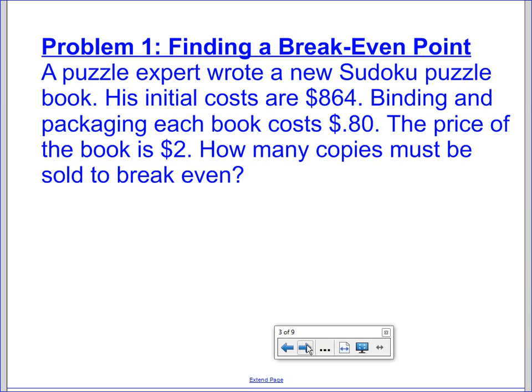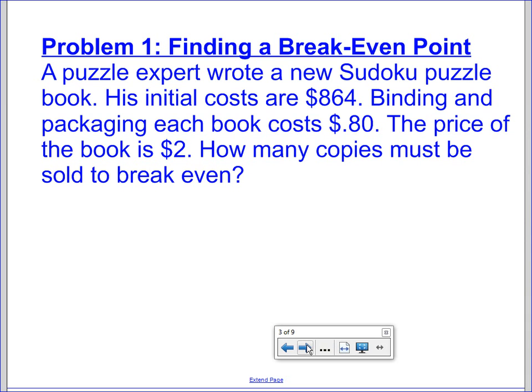And that's what we're going to do in our first problem. Finding a break-even point. Break-even is when your expenses and your income are the same. So you're not losing money, but you're not making money. That's why they call it break-even.